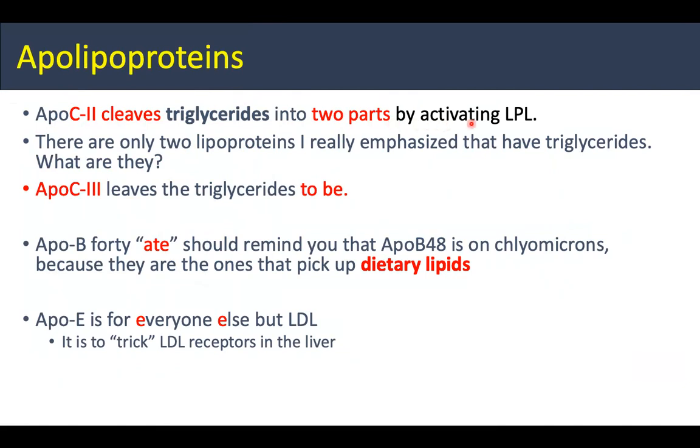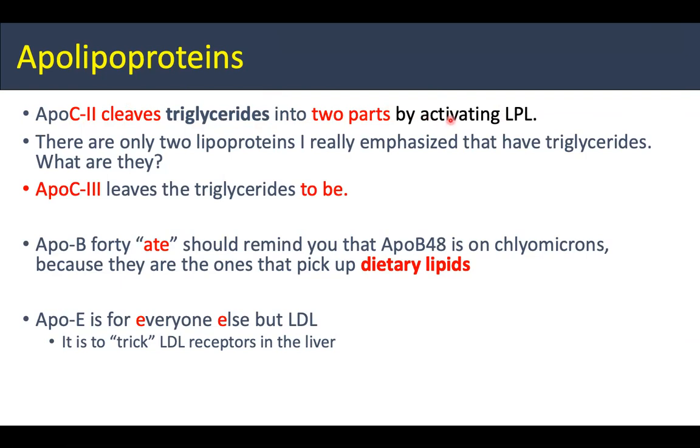I also said over here that it activates a specific enzyme called lipoprotein lipase. So lipoprotein lipase needs ApoC2 because ApoC2 cleaves triglycerides, not cholesterol, triglycerides into 2 parts.